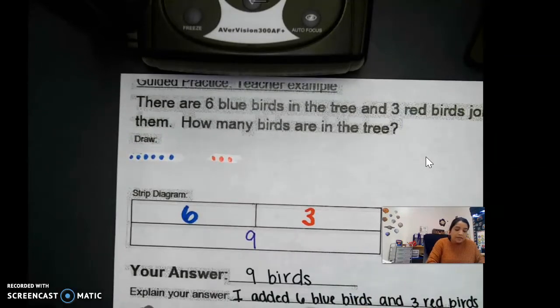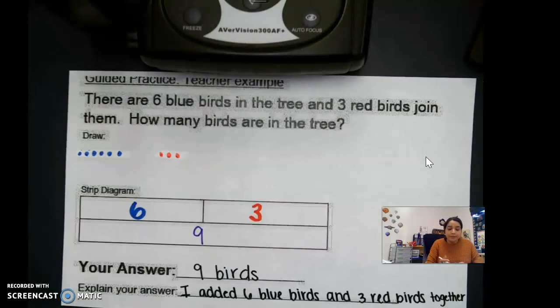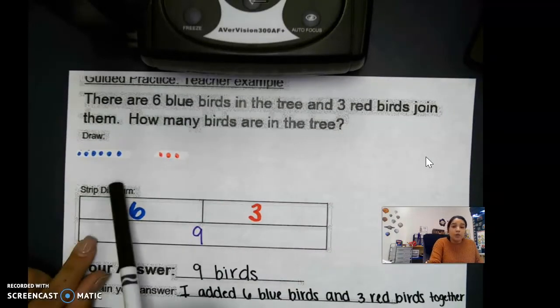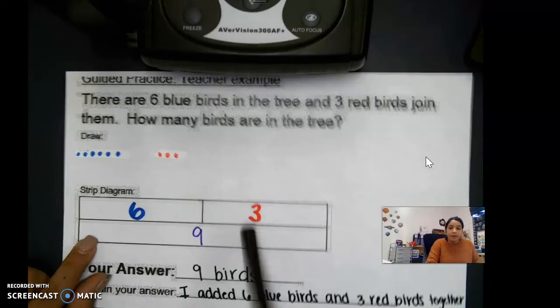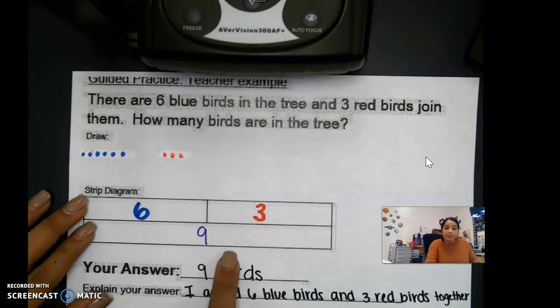So I added 6 bluebirds and 3 red birds together. That is what we did with our word problem. And we are able to represent it with our strip diagram.